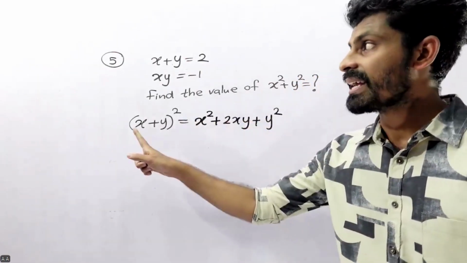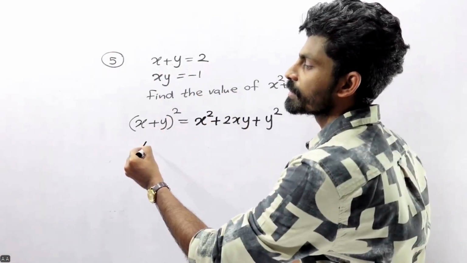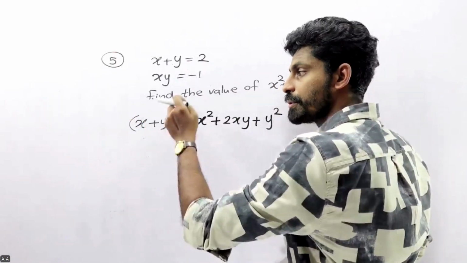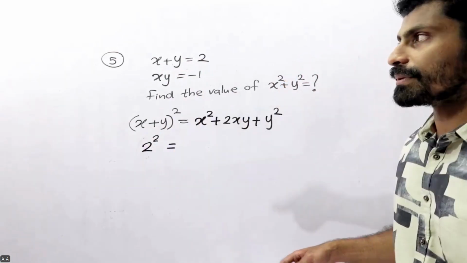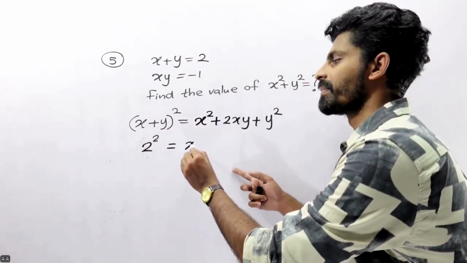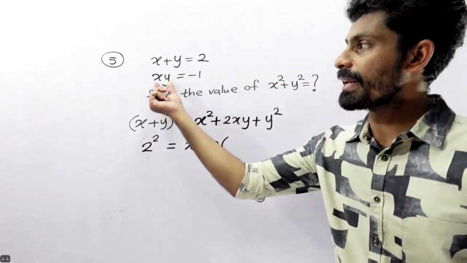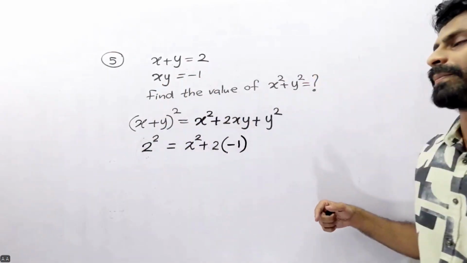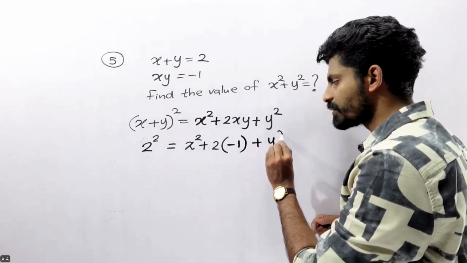This is the answer, no? x plus y equals 2, so 2 squared equals x squared plus 2 into xy. xy means minus 1, plus y squared.